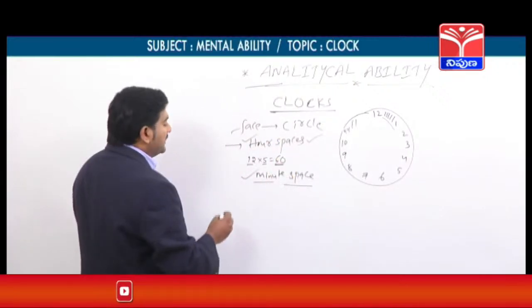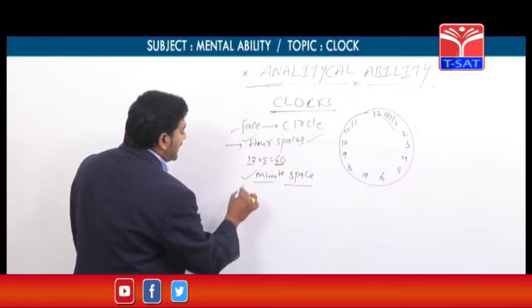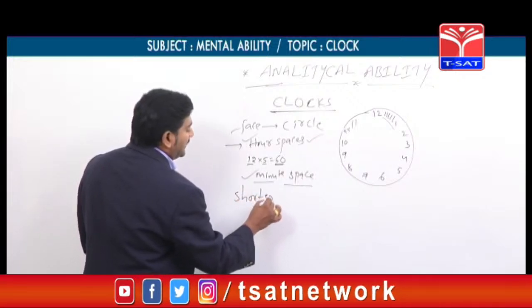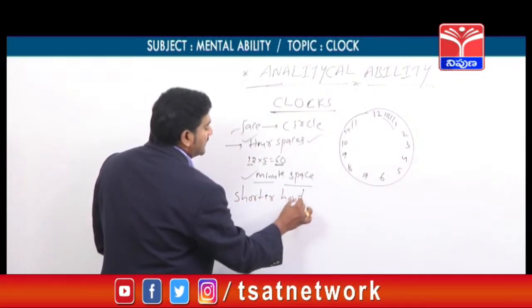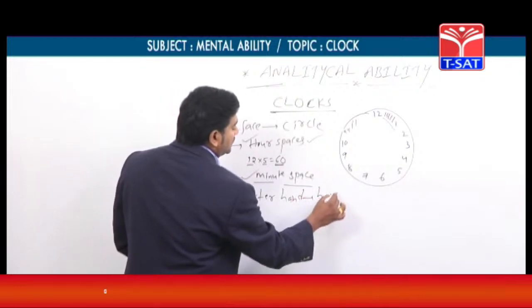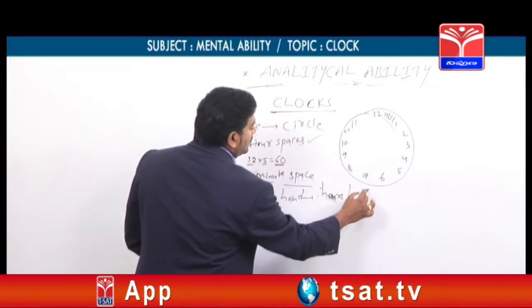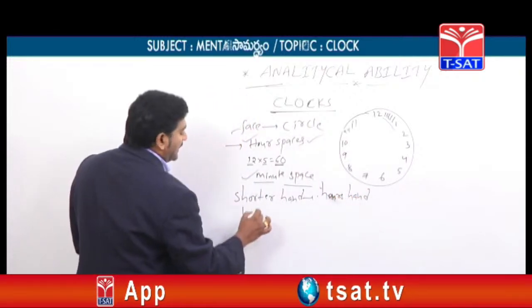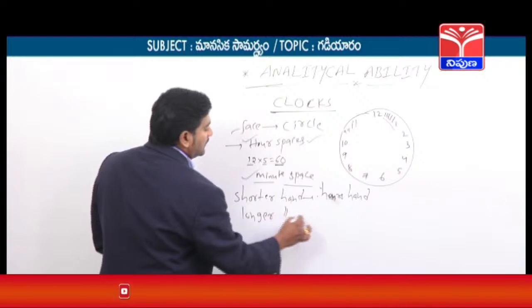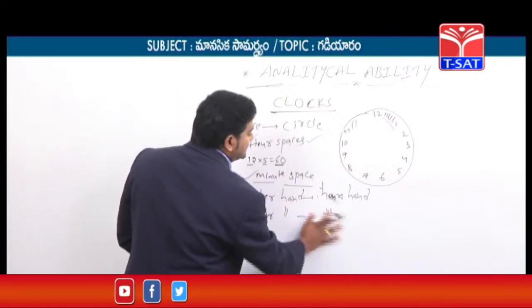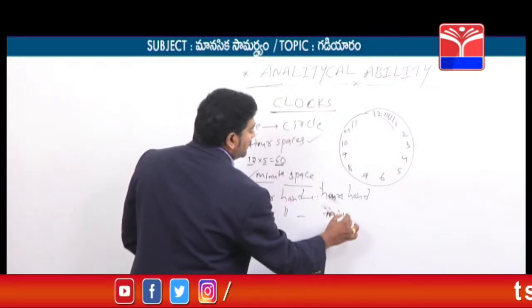We know already in the clock the shorter hand is said to be the hours hand, and similarly the longer hand is said to be the minutes hand.